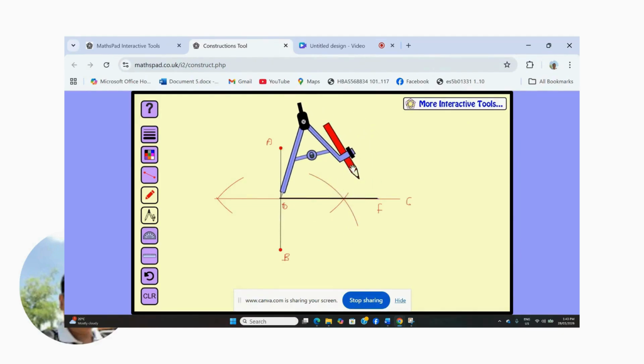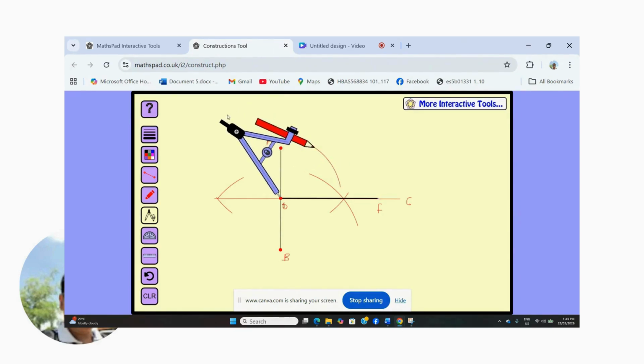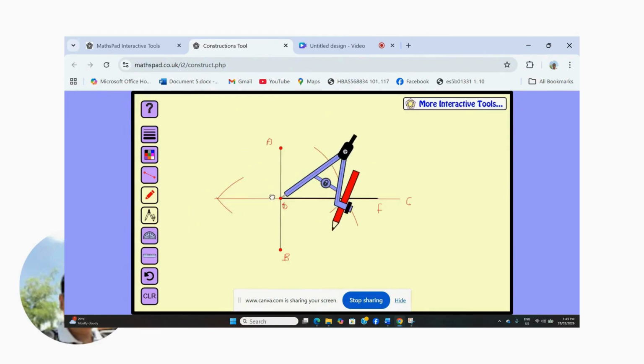Now in next step, we should bisect OF to get midpoint, which is a vertex of the parabola. So to get the vertex of the parabola, we should bisect OF.